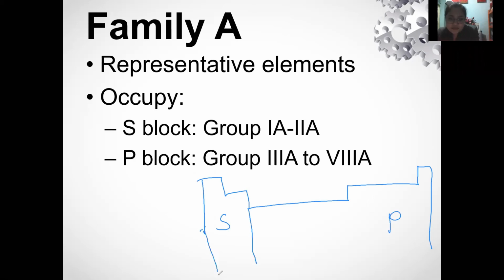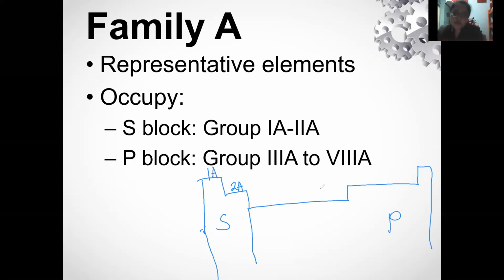So, sa S block, ang nabelong dyan is si group 1A and si group 2A. Malalaman mo naman na family A siya kasi yung pangalan ng group niya ay merong A. And then, ito naman si P block. So you have here boron, carbon, nitrogen, oxygen, fluorine, and then we have helium, and then argon sa baba.